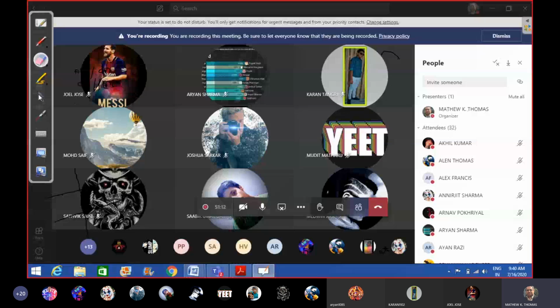Just let me take the attendance. Abhishek absent. Akhil Kumar present. Akshay Shaju not here. Alan Thomas present. Alex Babu absent. Alex Francis present. Anirjeet present.